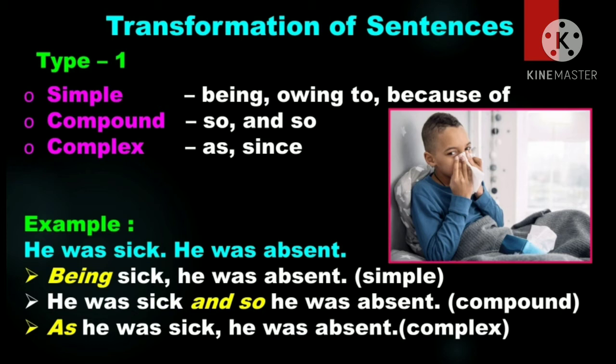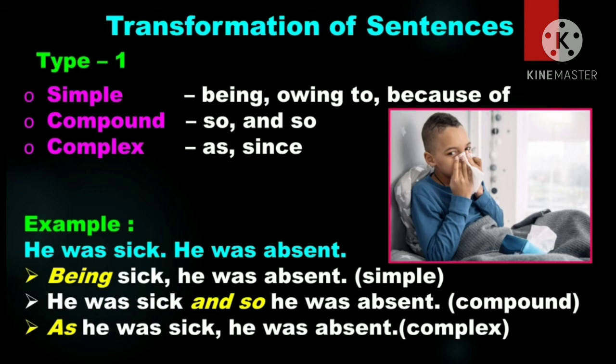When it goes to compound, we should use "so" and so. And in the complex sentence, we'll have "as" or "since". Look at the example. He was sick, he was absent.